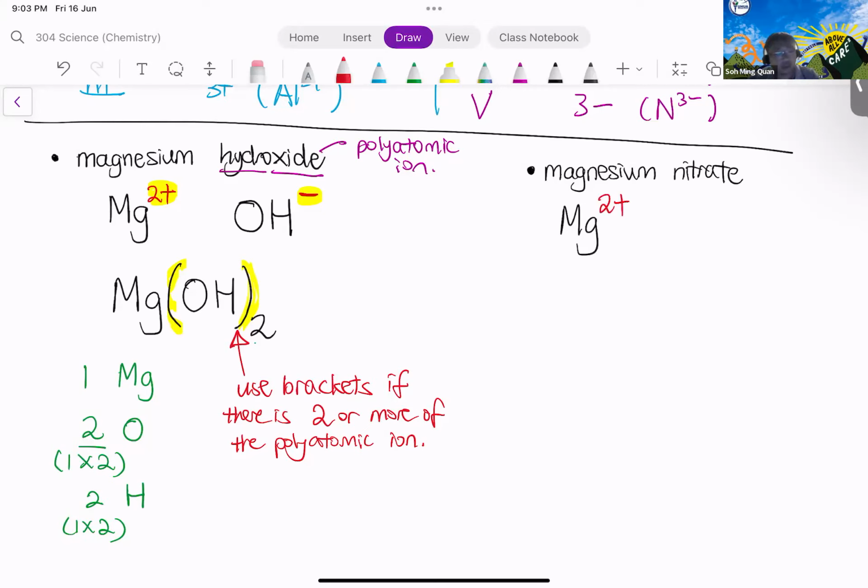Nitrate again sounds really unfamiliar. It's a polyatomic ion with nitrogen and oxygen inside it. So it's NO3, and the charge is 1-. So again, you have to memorize the formula of the nitrate ion. It's NO3, 1-. Now, important to note, the 3 is not the charge.